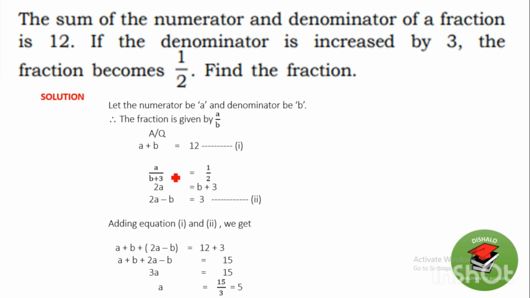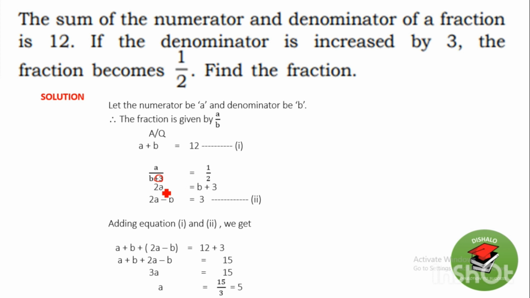It is also saying that if the denominator is increased by 3, so you have a by b plus 3, the fraction becomes 1 by 2. This line is very important.